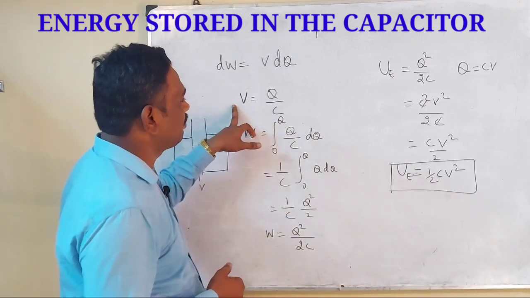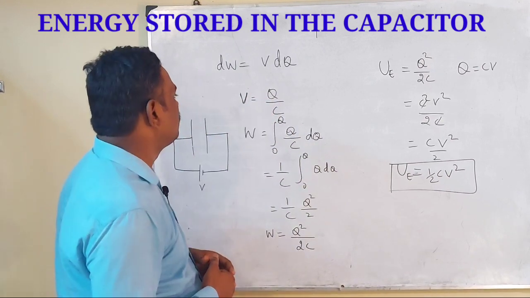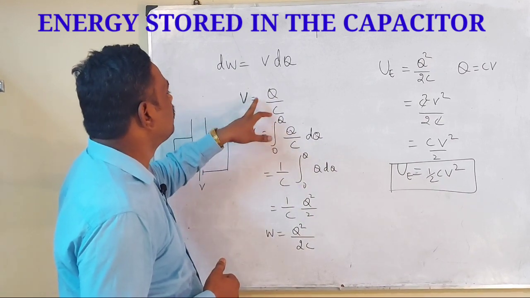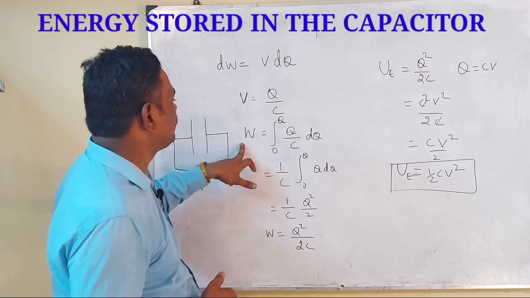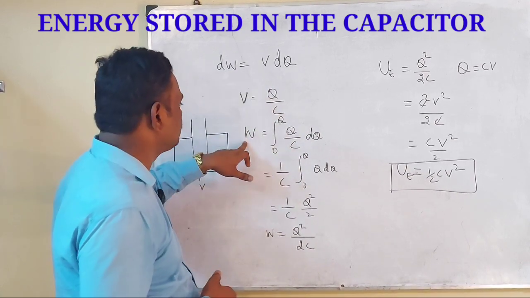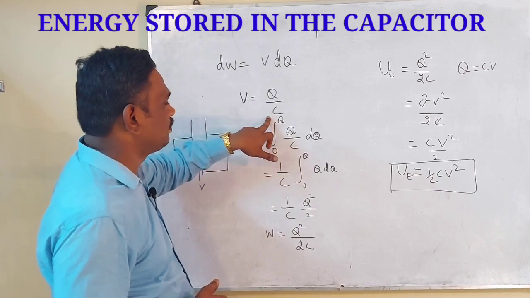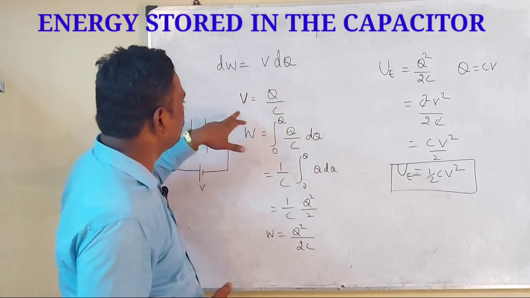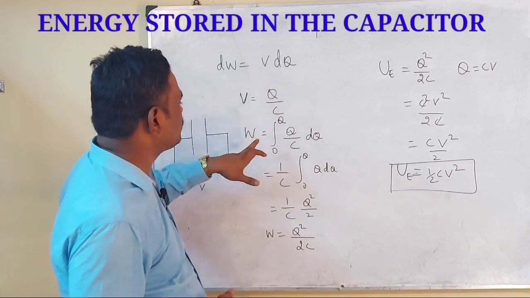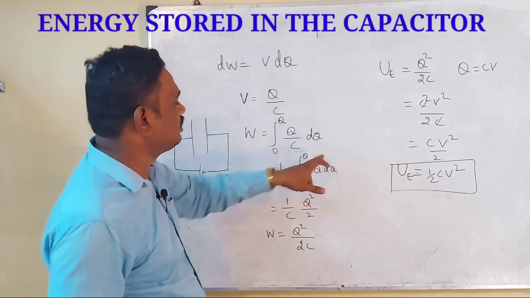From the capacitance of a capacitor, we know the value of V is equal to q by C. Substitute the value of V, and when you integrate dW we will get W. The integral limit is 0 to q, and instead of V I substitute q by C, then dq.